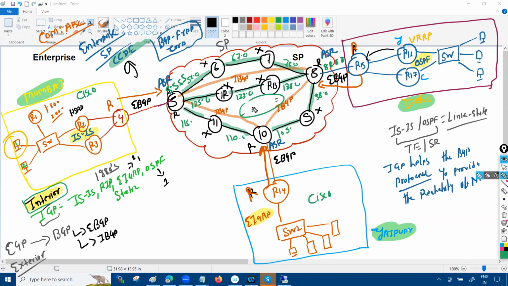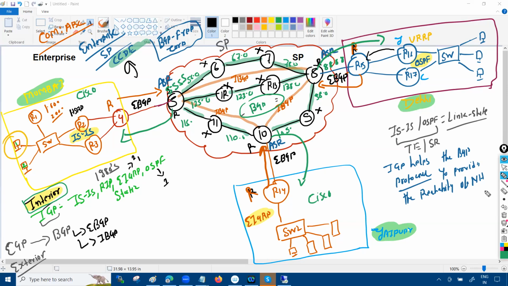Can I run internal BGP to advertise all these links into BGP? Technically you can run it, but it's not recommended. If I advertise these routes into BGP, R8 is going to send all this service provider information to the customer network. Same thing, R5 will send all the service provider core network information to the customer, and you will lose security.